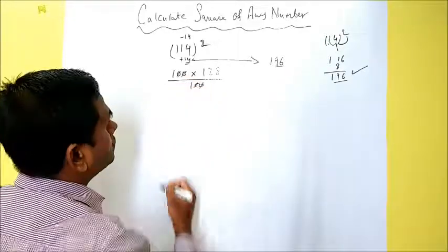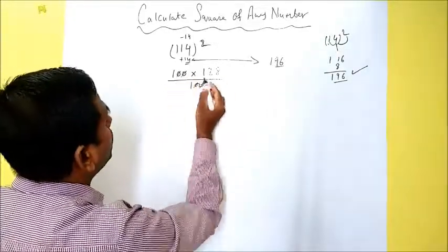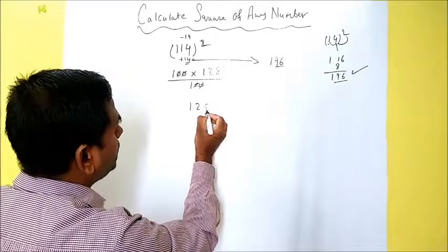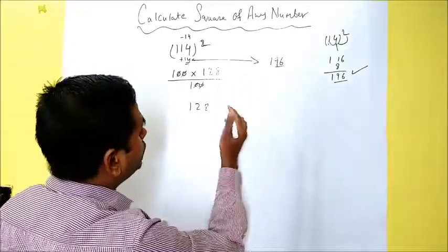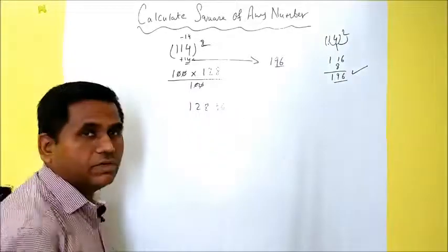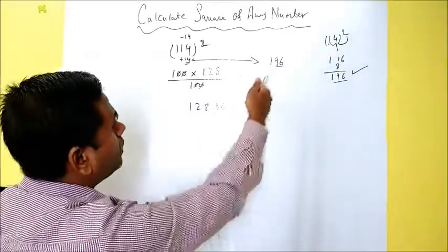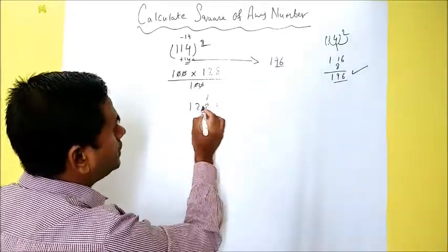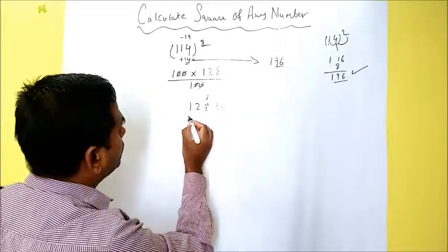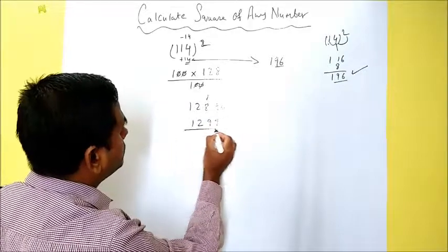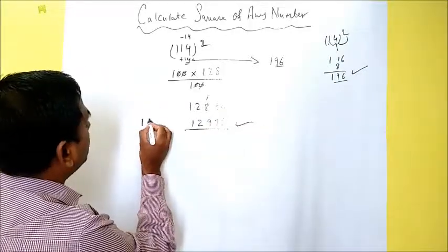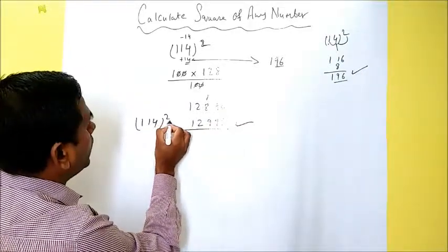So 1 into 128 is 128 only. We have cancelled two zeros, so we take two digits, 96. But what about the 1? We add it here with 8. So the final answer is 12996. This is the answer for 114 square.